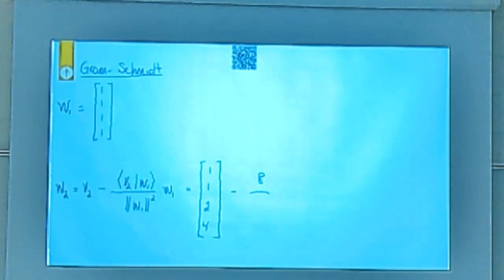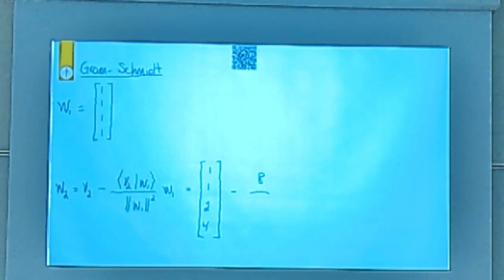Well, how do you find the norm of a vector in general, not with the standard inner product? It's the square root of the inner product of the vector with itself, which in our case is the dot product.